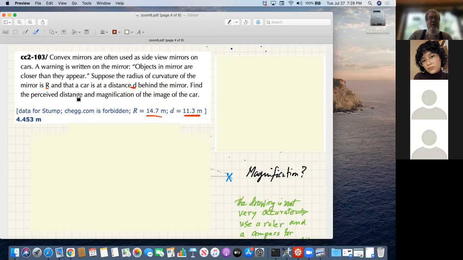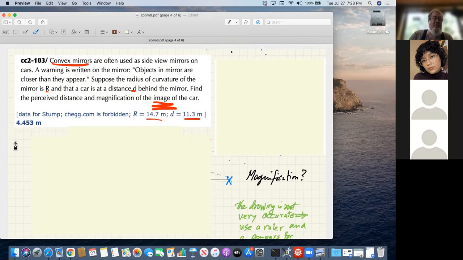Find the perceived distance and the magnification of the image of the car. So this is a problem where you're supposed to analyze the image formed by reflection in a mirror, but it's not a plane mirror, it's a convex mirror.